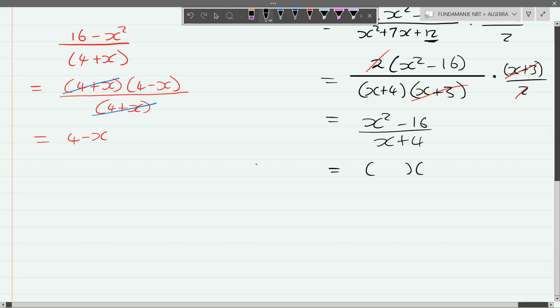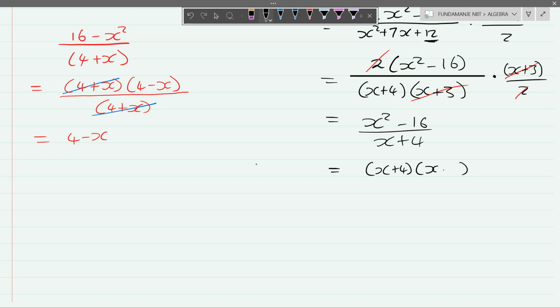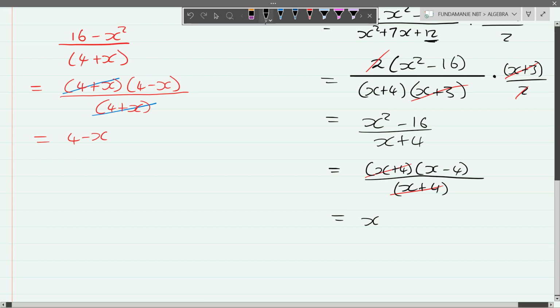We open up 2 brackets, put x inside. One we're going to put plus 4, one we're going to put minus 4, and this is all over x plus 4. Again, we are able to cancel because everything is multiplying each other. And we have x minus 4 as our simplified answer.